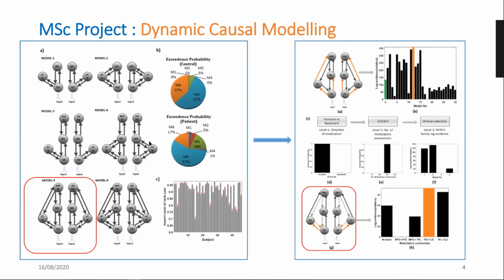Out of all the possible architectures that we explored, only for our control subjects, the healthy subjects, we found that this model over here, which shows the connection between these regions, but not between the parietal and temporal gyrus, is the winning model.